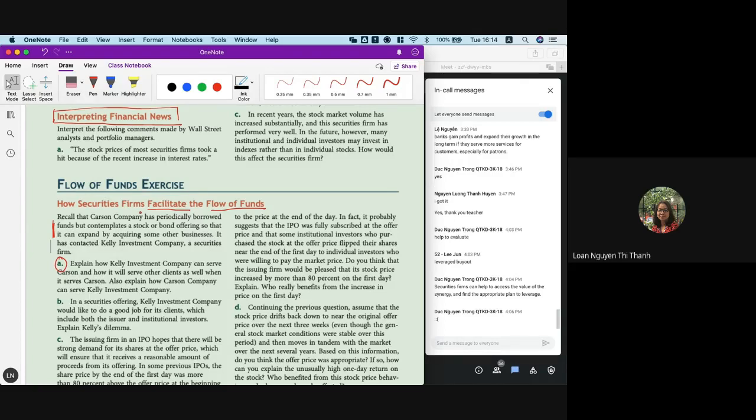The purpose is to expand the business, do merger acquisition, for example. So what services can Kelly Investment Company offer to Carson? You have the needs, you have the demands already. So now you work it out into the services offer. So what kind of services here? Kelly Investment offer to Carson.